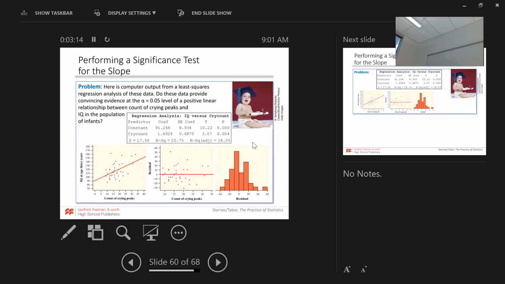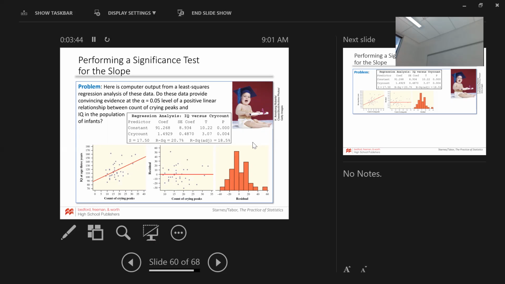Where is the intercept in the output? There's a lot of clutter there. You got to sort through it. You do the constant. Across from the constant is the intercept. 91.268 plus the slope, 1.4929 times the crying.